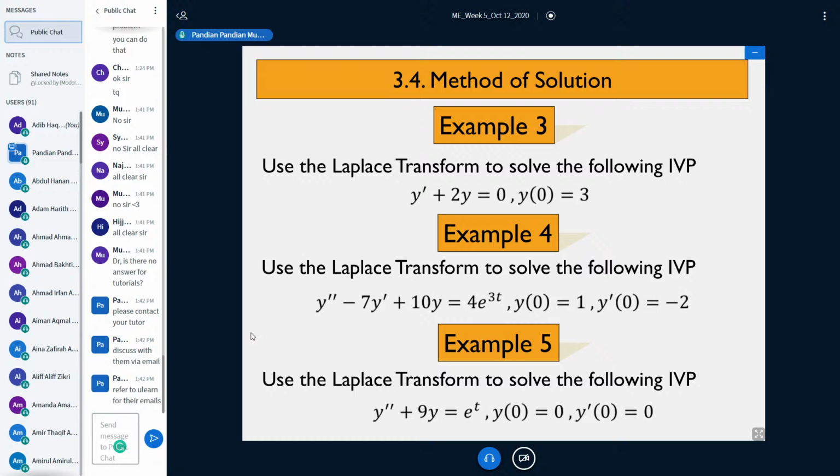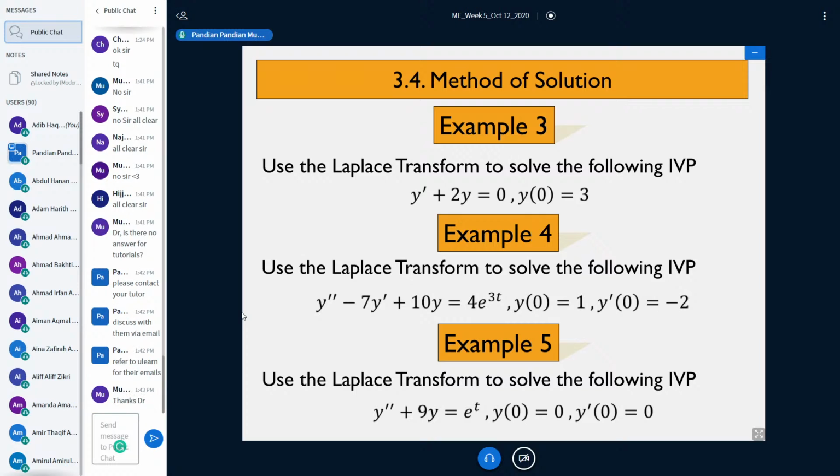Muhammad Amir, is there no answer for the tutorial? Actually, we don't give you the answer like that. It's just based on discussion, because in our timetable, there is nothing specifically mentioned about a tutorial. We have 4 hours of lecture, mechanical group. Today we are already done, and the next one is on Wednesday.